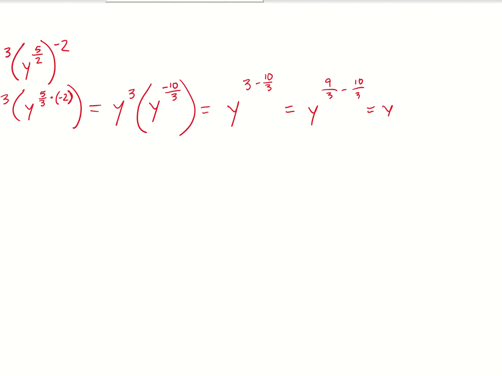So we should get y to the -1/3. From there, again, negative exponent, we flip it. So 1 over y to the 1/3 power.